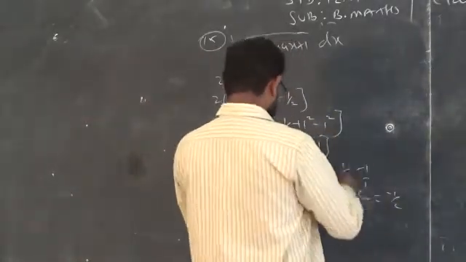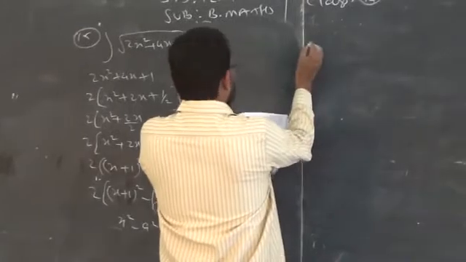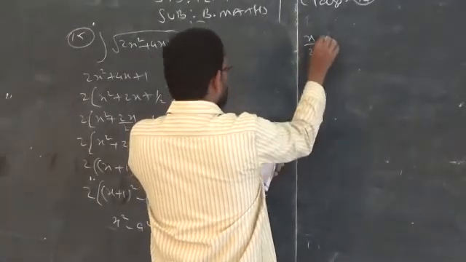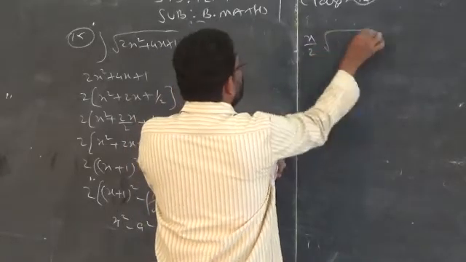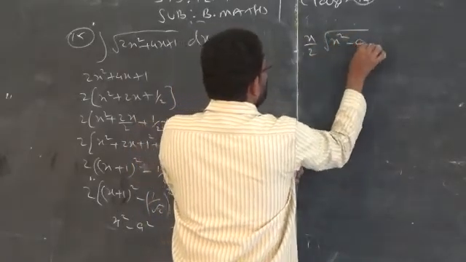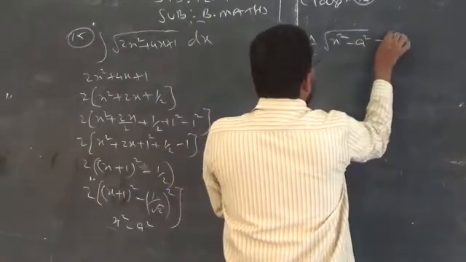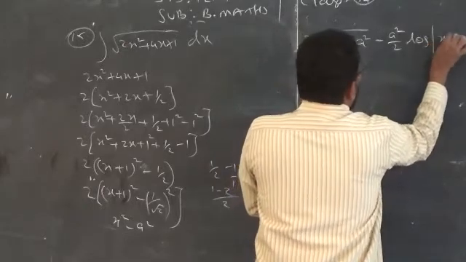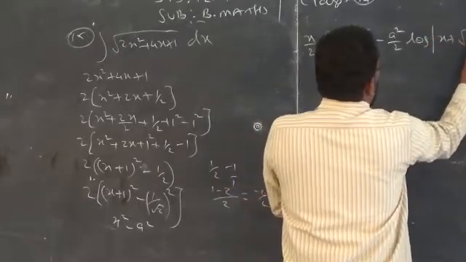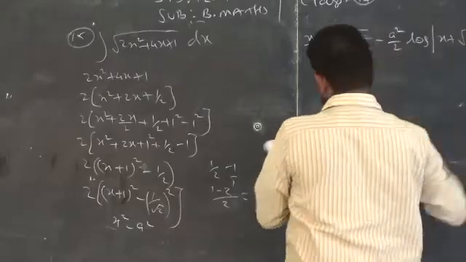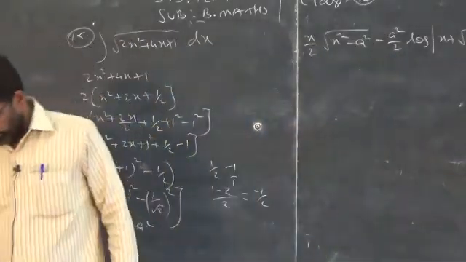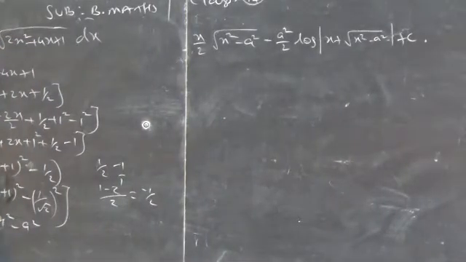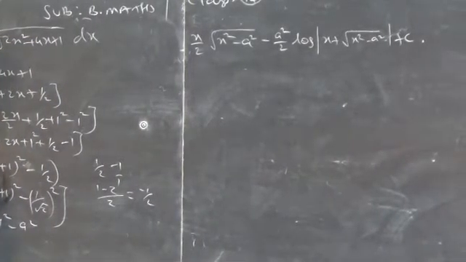So, sum, that is formula number 5. I write down only the formulas. That is, x by 2 into square root of x square minus a square, minus a square by 2 log of modulus of x plus square root of x square minus a square.